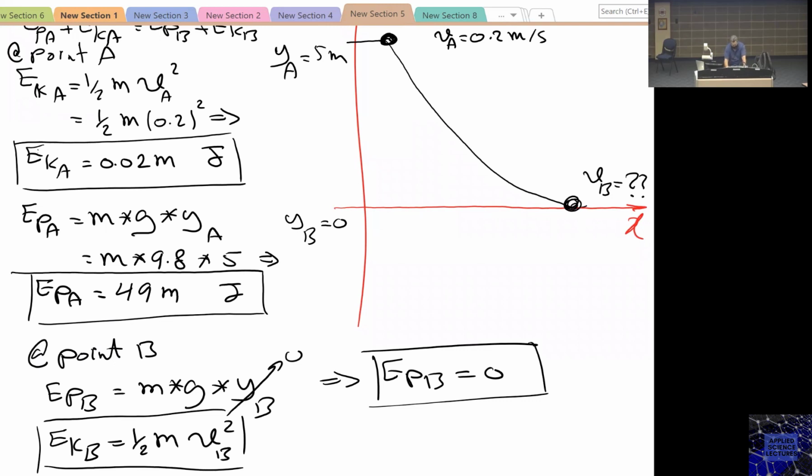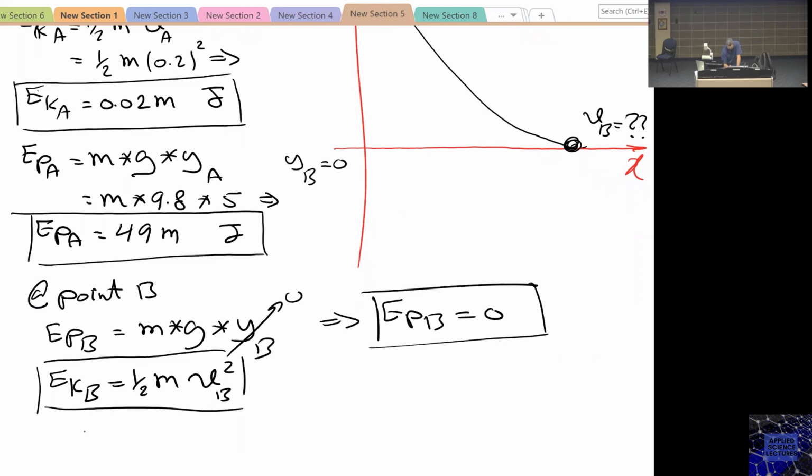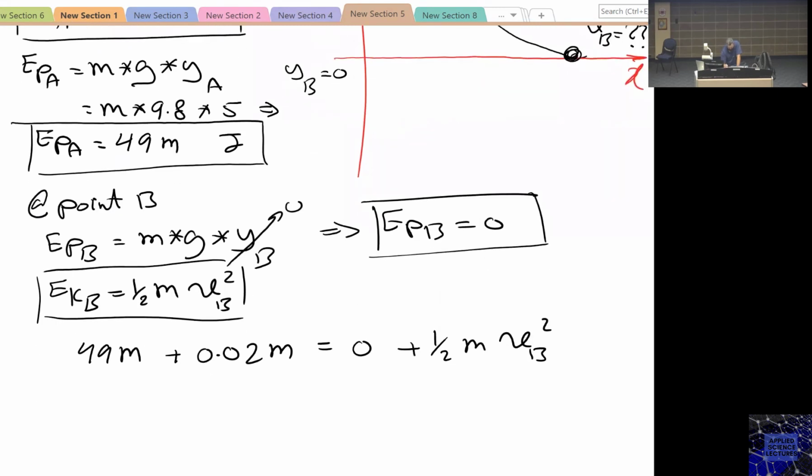So applying the conservation of energy, I have 49 M plus 0.02 M equals 0 plus half M VB squared.